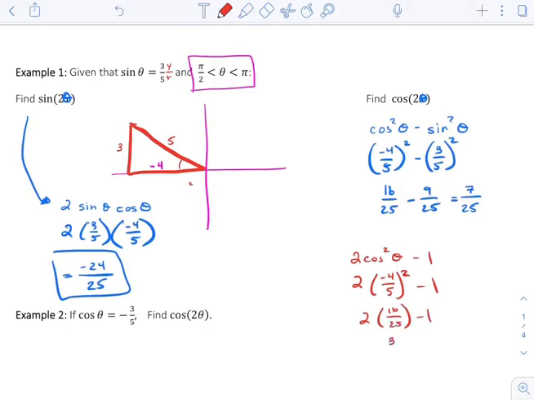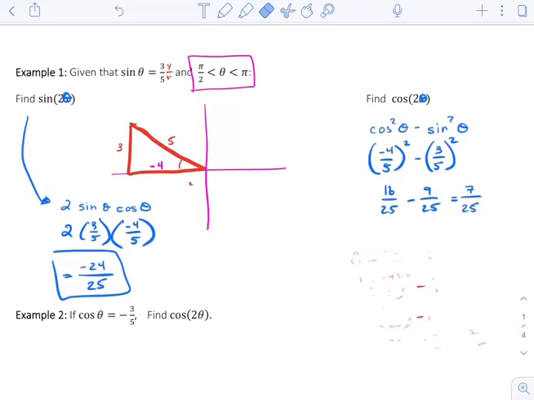If I multiply it, I'm going to get 32 over 25 minus 25 over 25. When I subtract those, I also get 7 over 25. Same answer. Doesn't matter which one I use. And I'd get the same if I used the third cos double angle formula. So it didn't matter. But that's how we solve those ones.